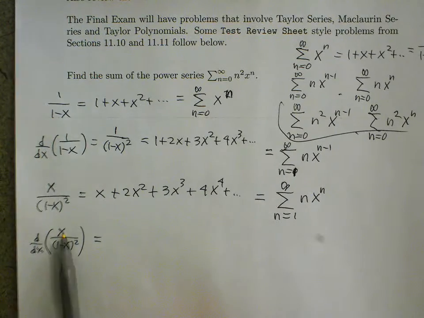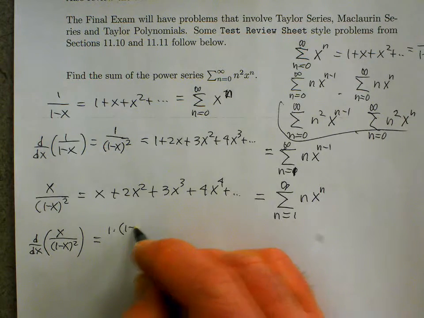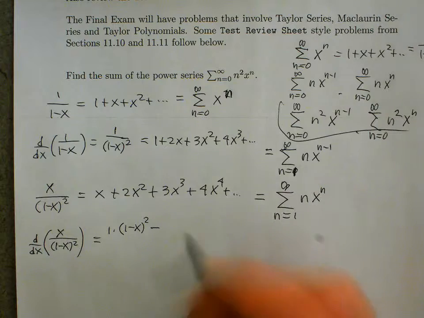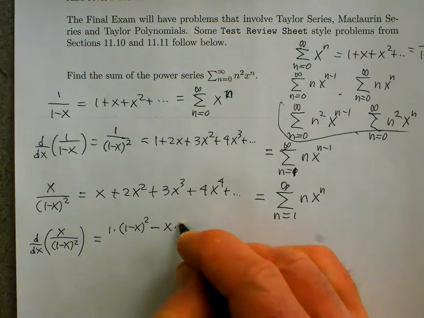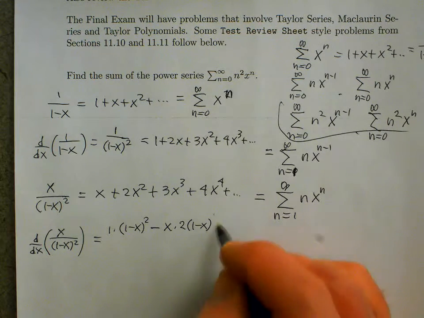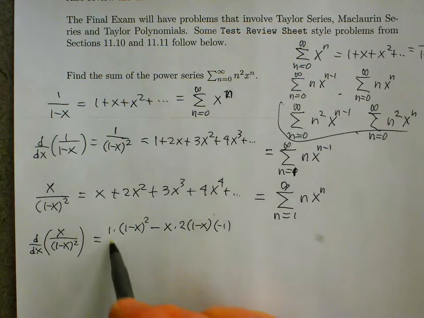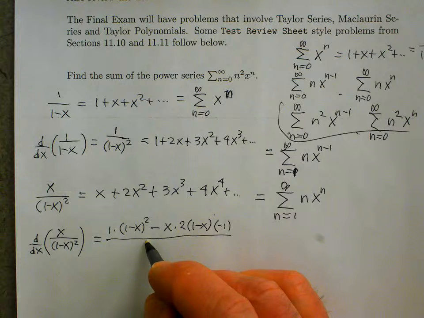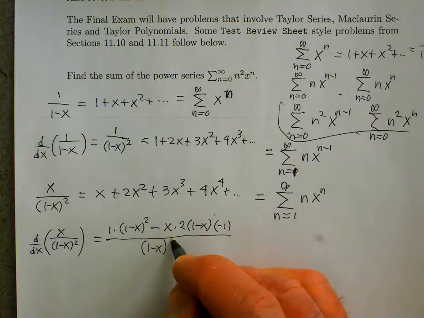The derivative of x is 1. We multiply that by 1 minus x quantity squared. And then we subtract x times the derivative of the denominator, which is 2 times 1 minus x to the first, and then multiplied by -1. And then divide this by 1 minus x squared squared, which is 1 minus x to the fourth.